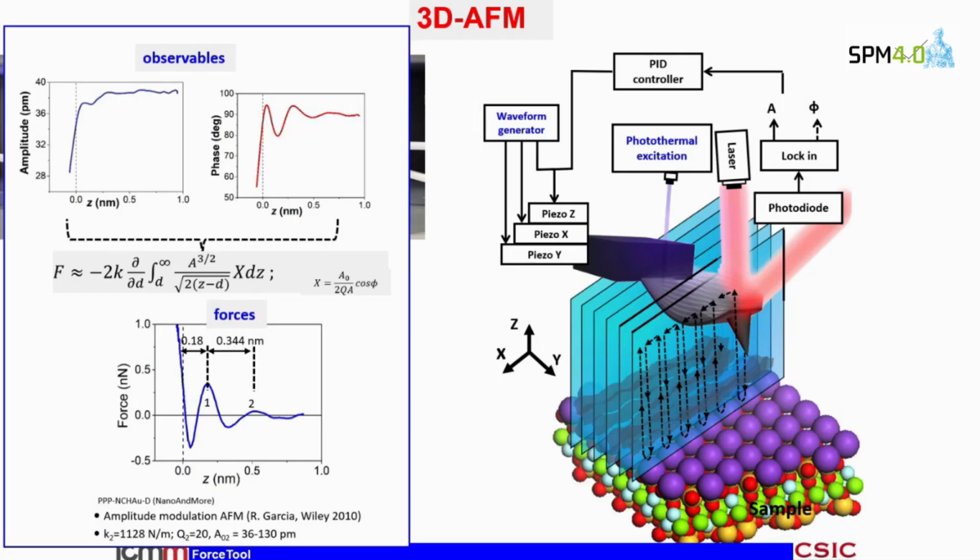So the key is that these oscillations that you see here are in the 40 picometer regime. But it's not only that the total amplitude is 40 picometers, it's that you have to be able to see changes of 2 picometers. That's very small. So this is the key for the system to work. Of course, there is some physics and electronics behind that I will skip.